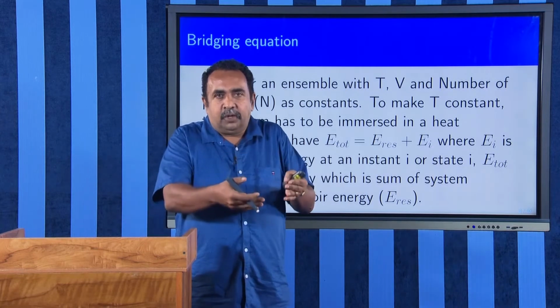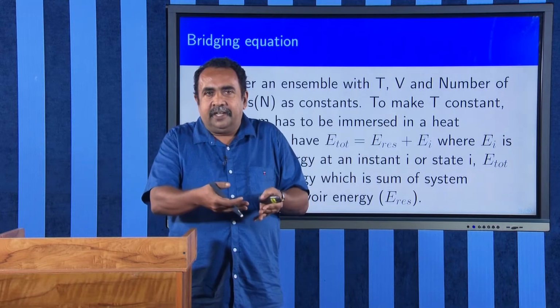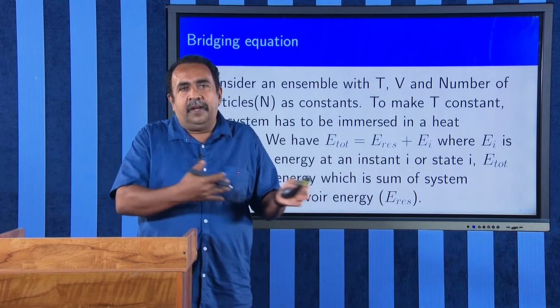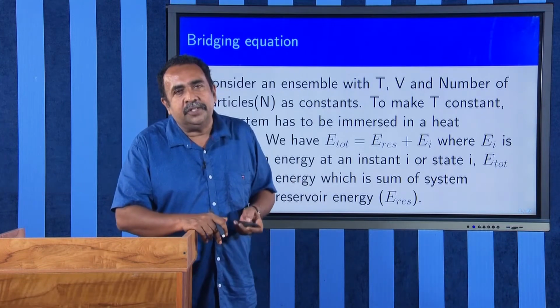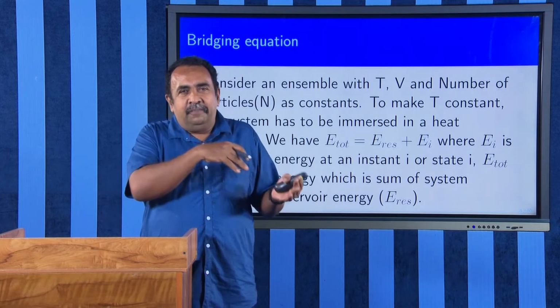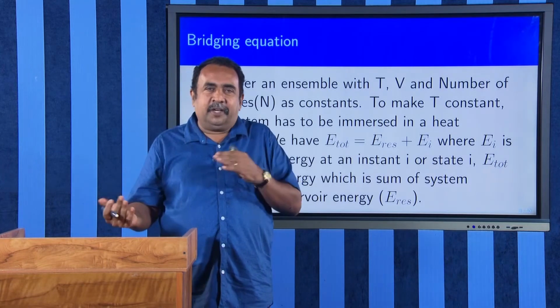From that micro world, we have to find all the data, and then transfer to the macro world, where we have all these thermodynamic parameters. Therefore, there must be a bridging equation that connects the micro world with the macro world.